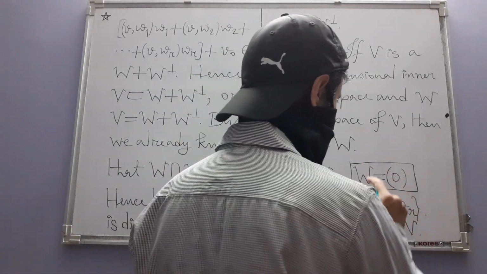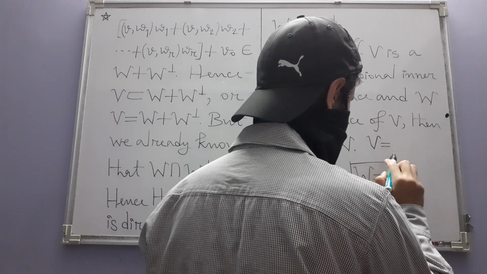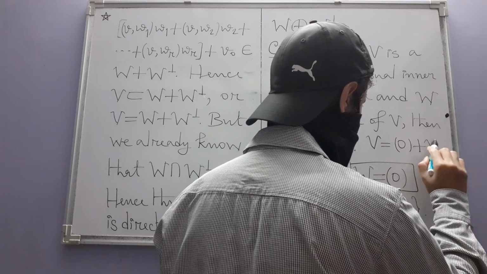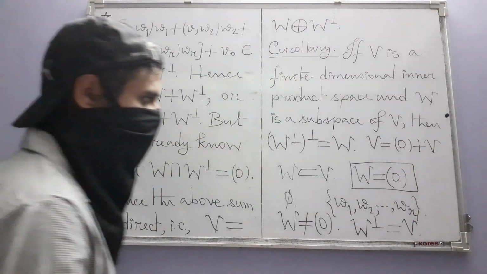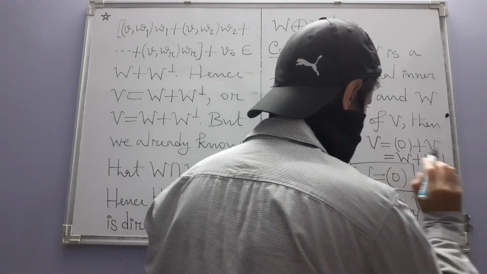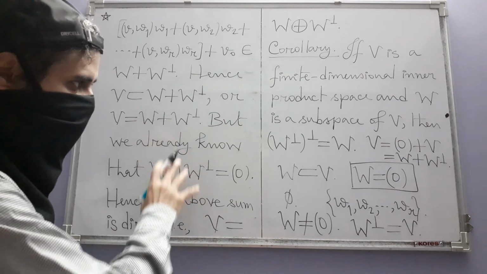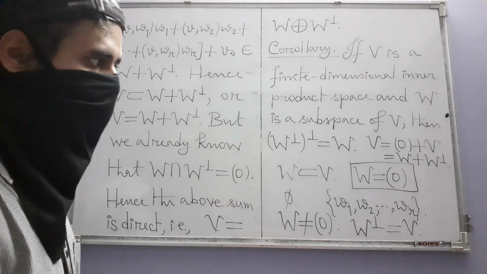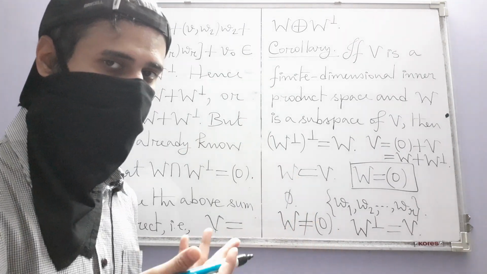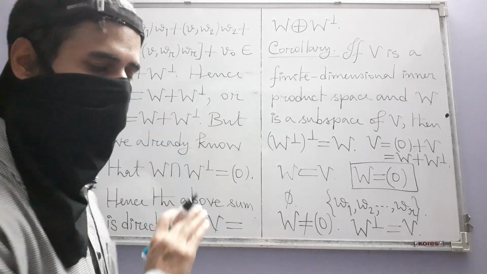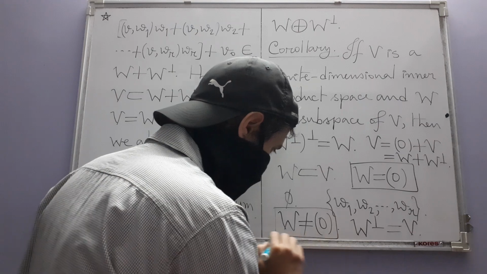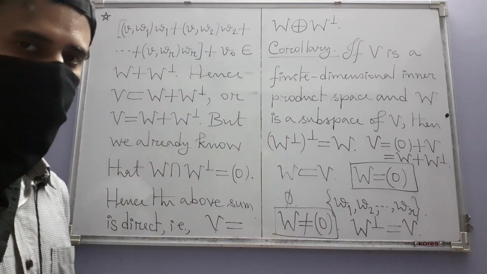And in this case you can clearly see that V is equal to 0 plus V, or in other words W plus W orthogonal. So you need not go through that argument for this simple case, but once you have handled it, and you have seen that in this case also everything is according to what is being claimed, then you can assume this condition and go on with the argument.